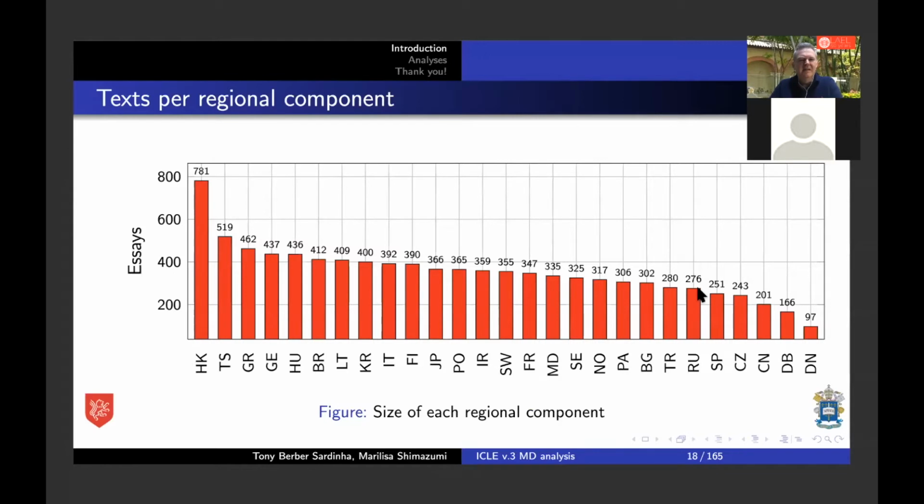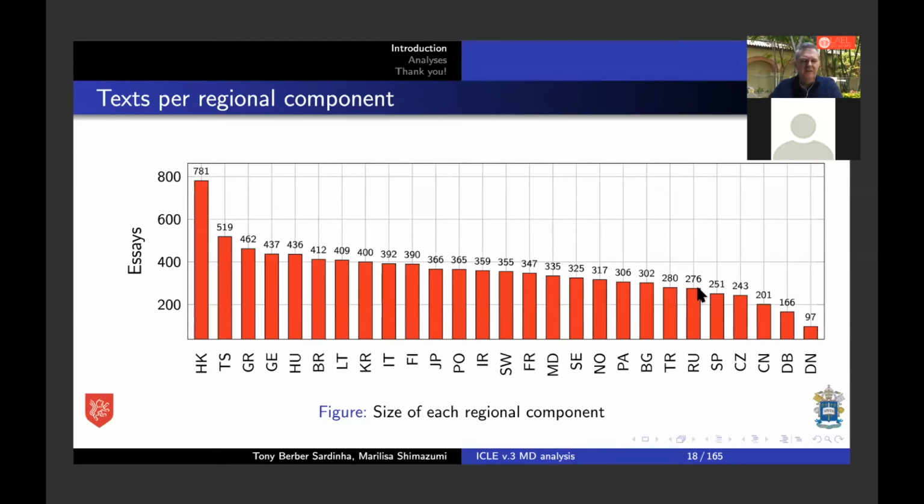So here's how they break up in terms of the regional subcorpus. Hong Kong has by far the largest number of compositions, then the Swana, then Greece, then Germany, Hungary, Brazil, Lithuania.